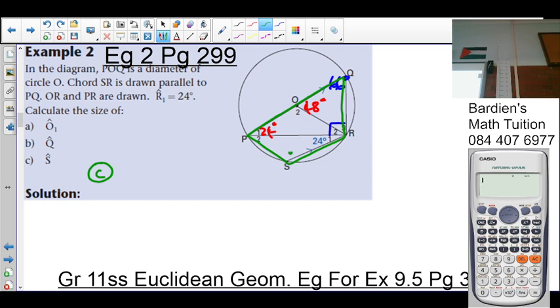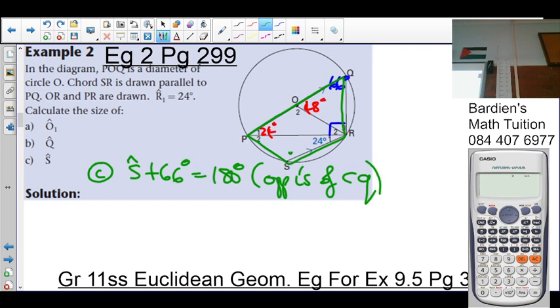The four corners, the four vertices, are touching the circumference of a circle, which makes this what? Cyclic quad. So opposite angles in the cyclic quad are supplementary. So angle S plus 66 degrees equals 180. Opposite angles of cyclic quad. Angle S works out to be 100.